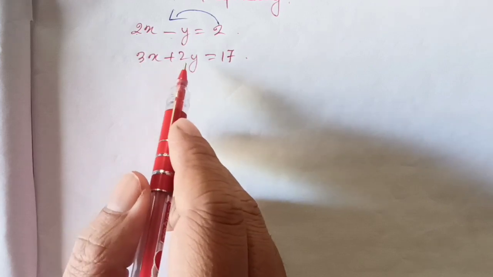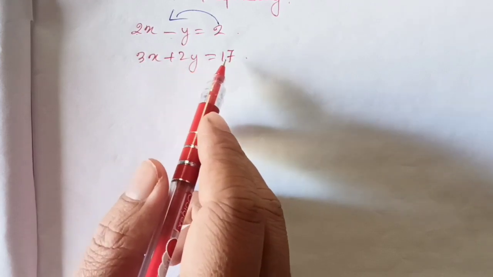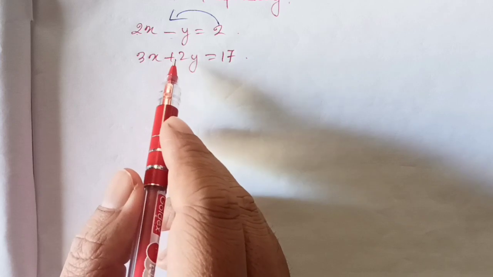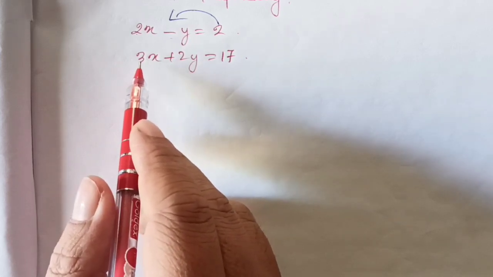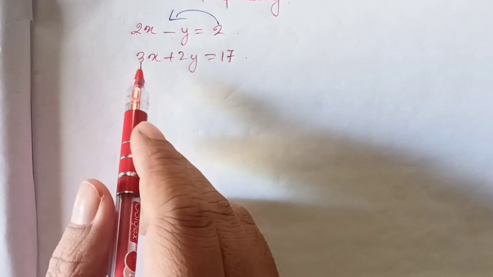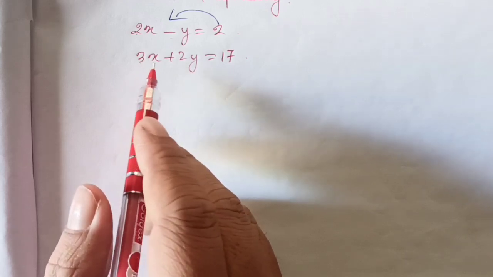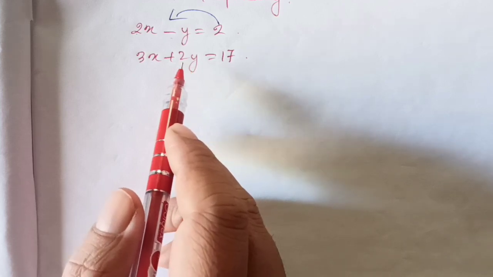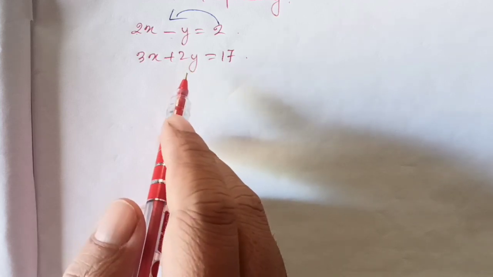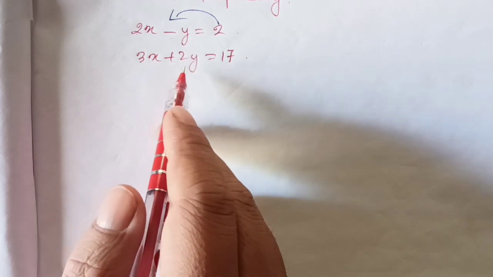So what about this one? Thrice x plus twice y equal to 17. So here y is not alone, and x is also not alone, but x is staying together with one number which is an odd number. But what about y? Y is staying together with one number that is 2, which is an even number.